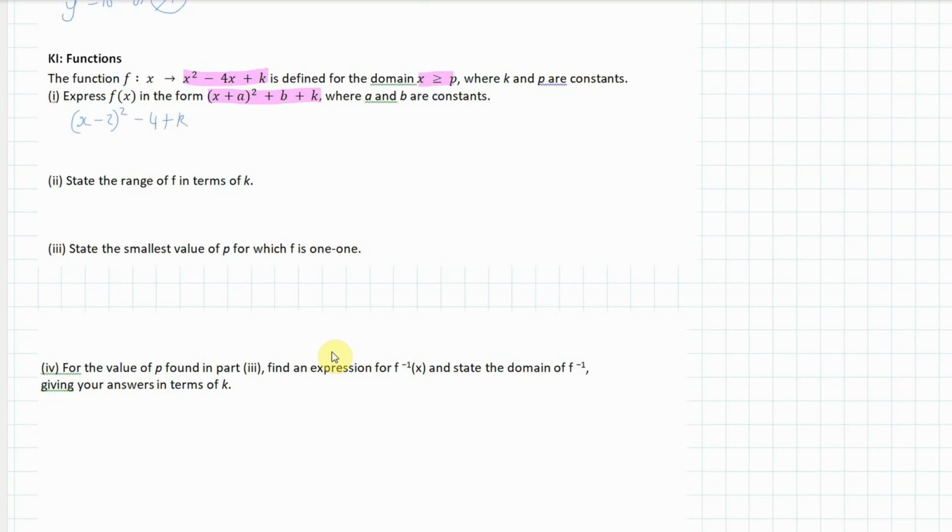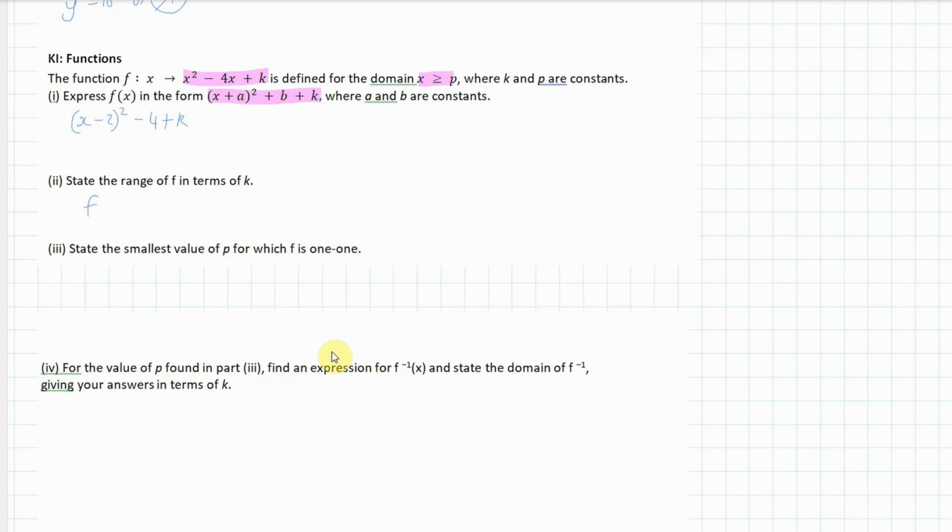And the range. Now the range will be in terms of k, well, assuming that p is the value that allows for the minimum point.